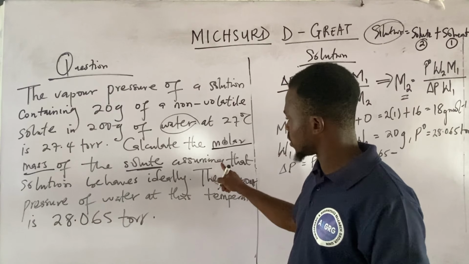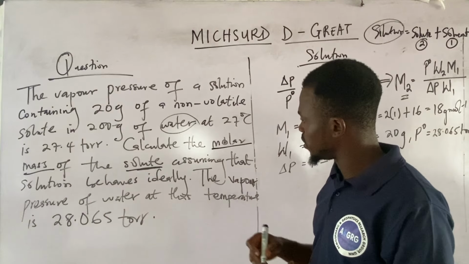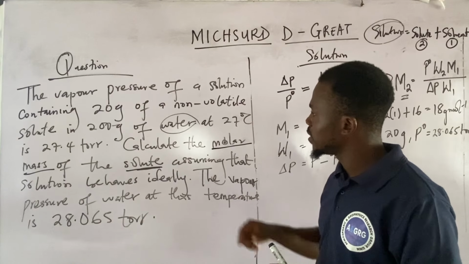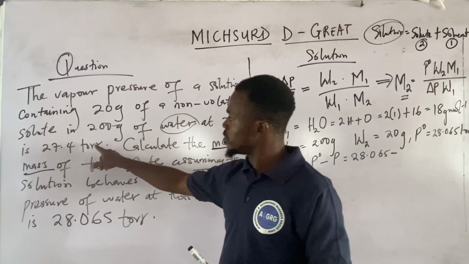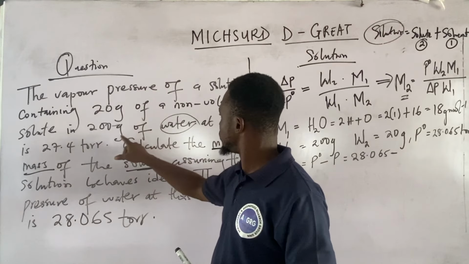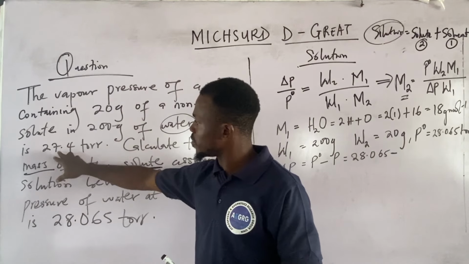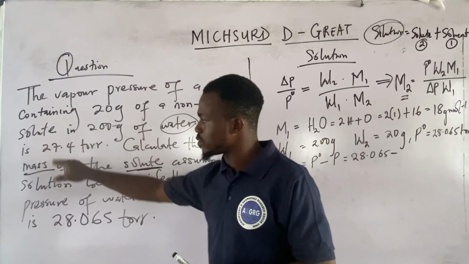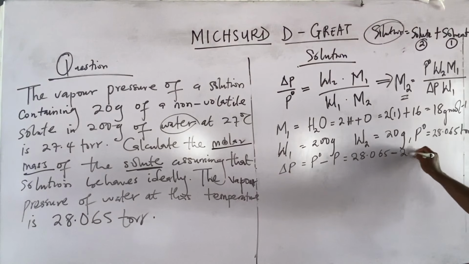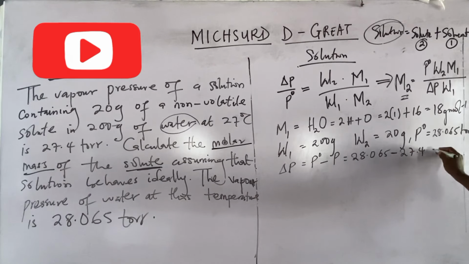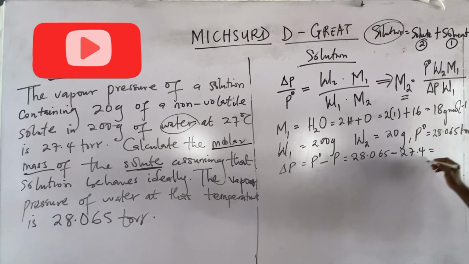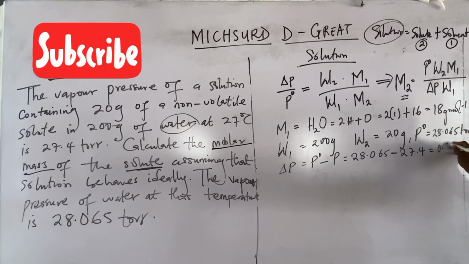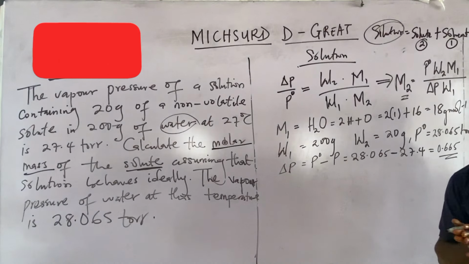Assuming that the solution behaves ideally, the vapor pressure of the solution is 27.4 torr. This is the P. If you subtract these two, this will give us 0.665, which is the change in the vapor pressure.